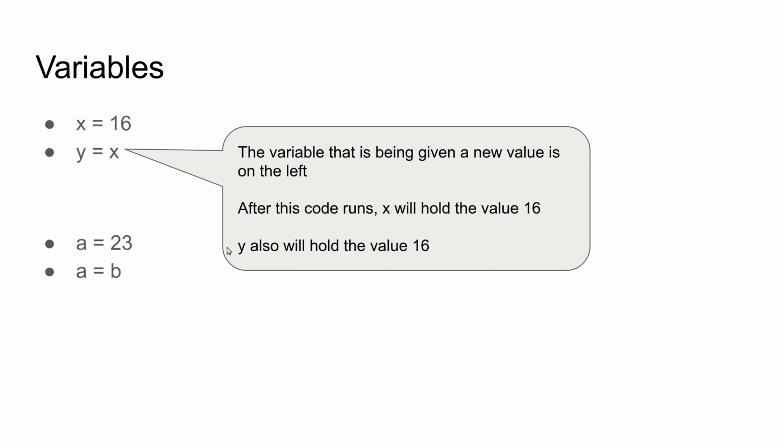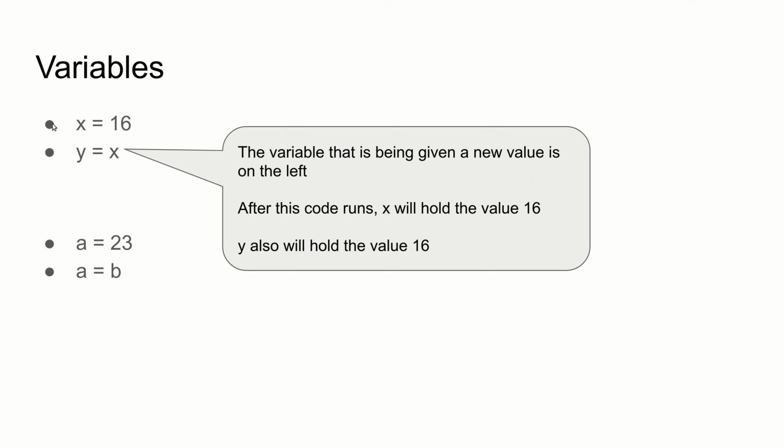Here are some more examples of variables and using them, and in particular, assigning them to values. So x gets to be the name for 16. Sometimes people read these statements as x is 16. That's a little worrying sometimes because that sounds like a logical assertion, which is not exactly what we're saying here.